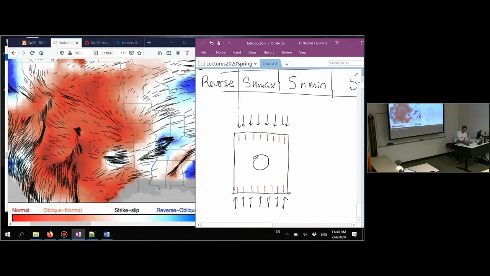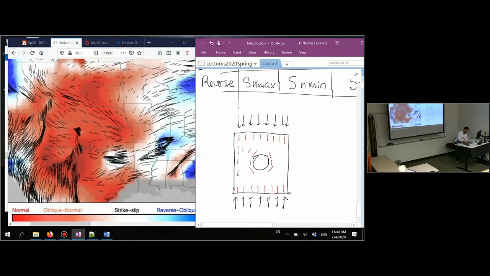But as you get closer to the cavity, this will start to bend, because in this particular example, stresses cannot go through a cavity, and so those stresses will bend.